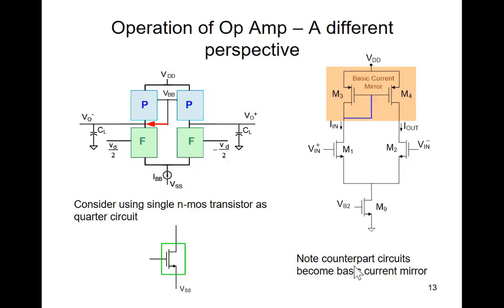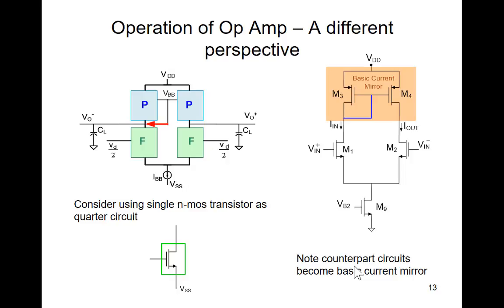So if you look at the right side, I'm going to have a current here that's going to be GM1 over 2 times VD, if I have a differential excitation. The 2 comes from the differential excitation.